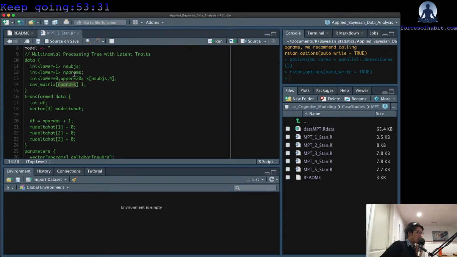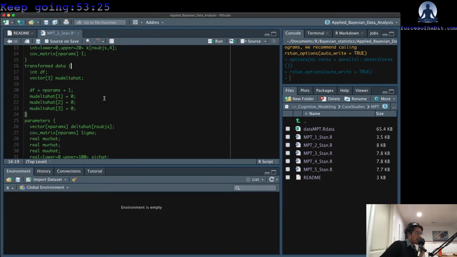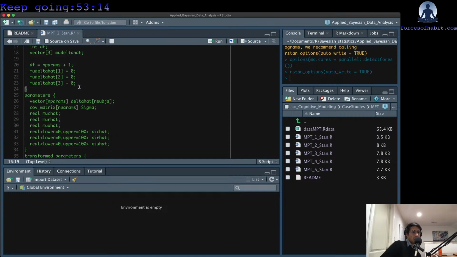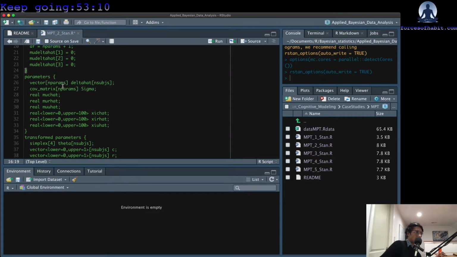So all elements are from -1 to 1, and we're going to call that I. Okay, so that's just specifying the covariance matrix that we're going to use in order to account for the relationships between the 3 parameters. So now we're going to move into parameters here.